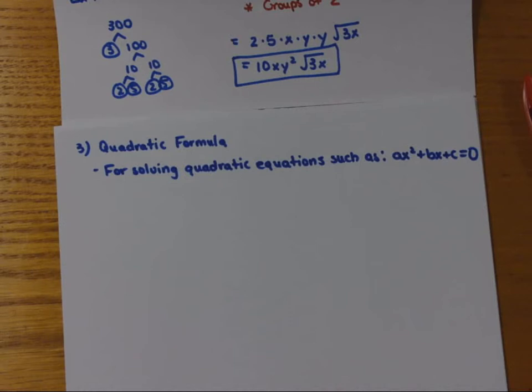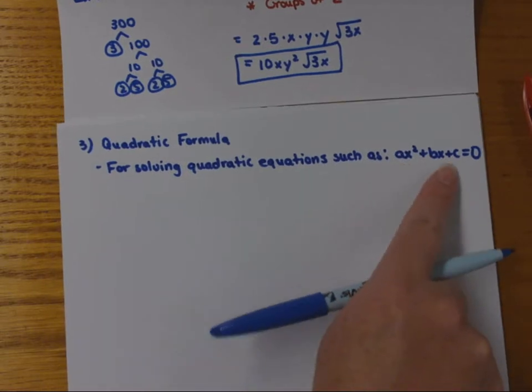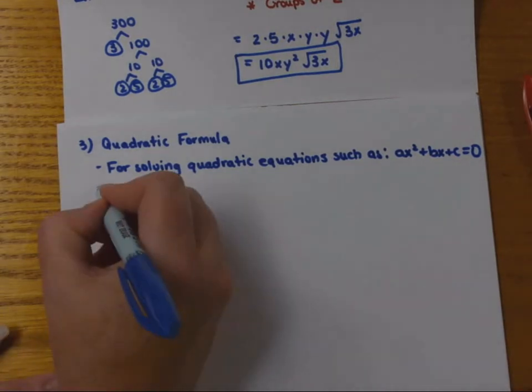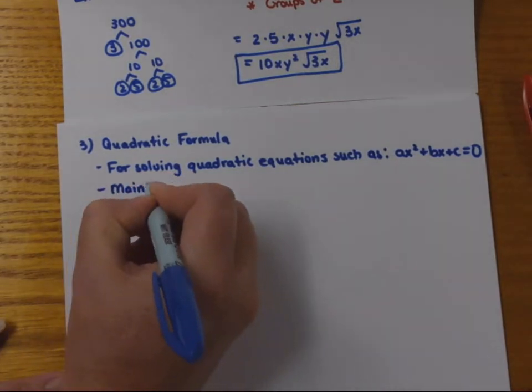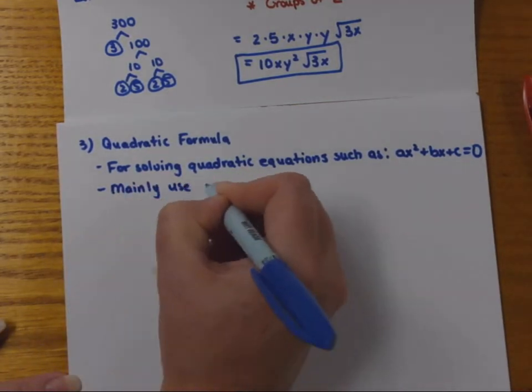Notice that's kind of the same format that we used when we factored using the AC method. So the a, b, and the c are the same. Okay. This works all the time, but we're going to mainly use it when factoring doesn't work.